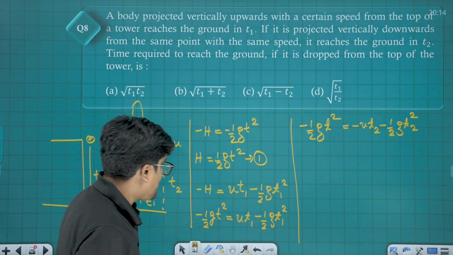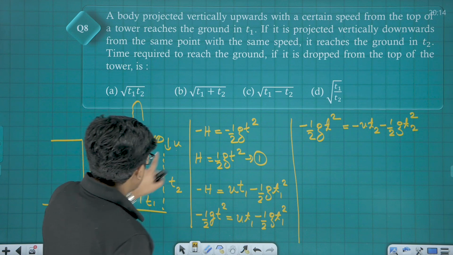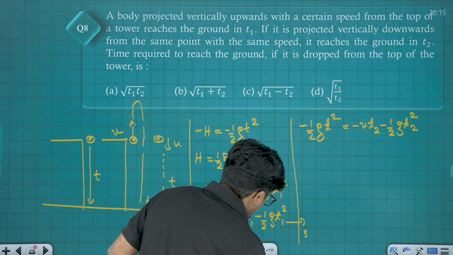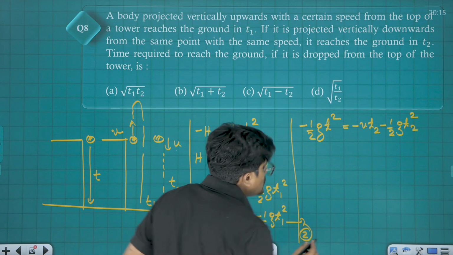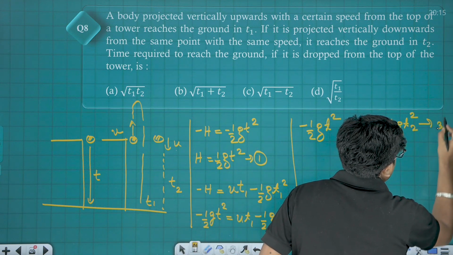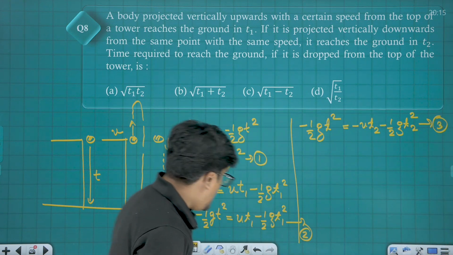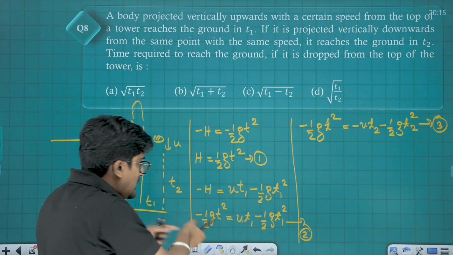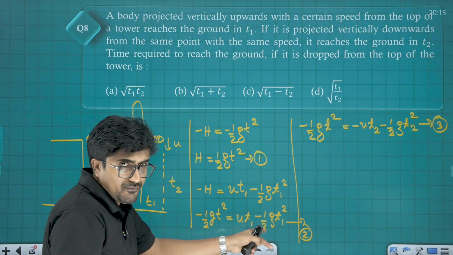Okay. Now this was equation number 1, and let me mark this as equation number 2 and this as equation number 3. From equation number 2, let me take this entire term towards the left except u t1. So u into t1 will be left there.